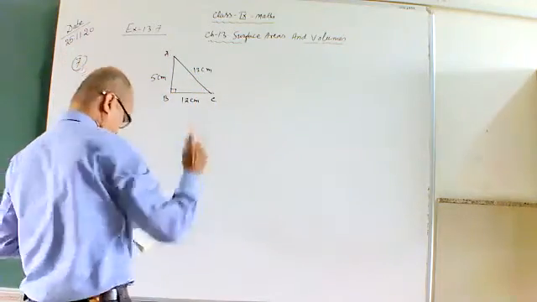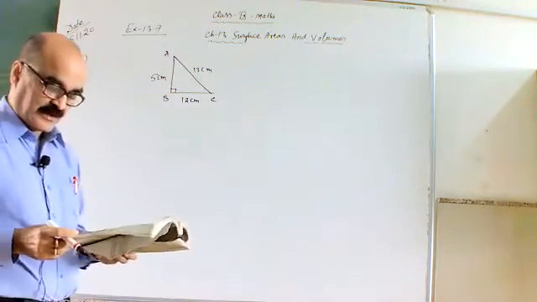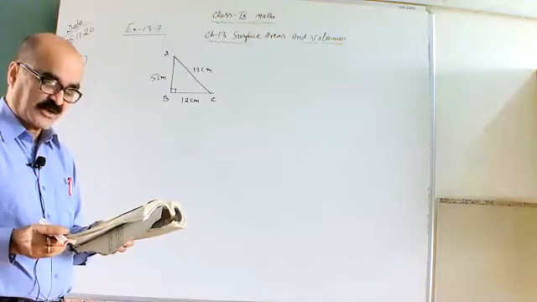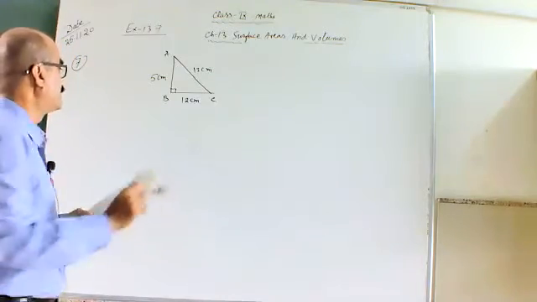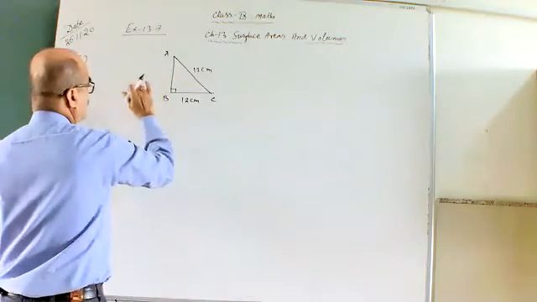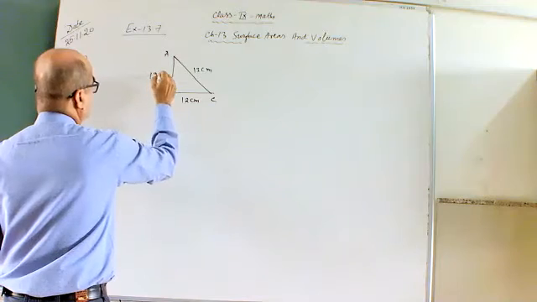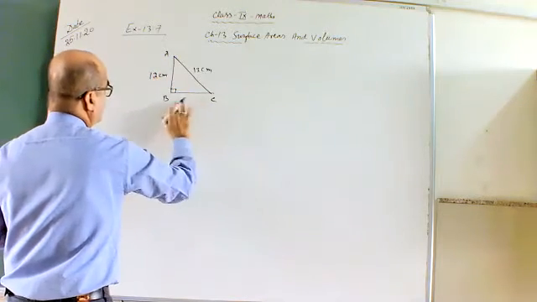Right angle triangle. And it is revolved about the side 12 centimeter. Sorry, this is 12 centimeter, and this is 5 centimeter.